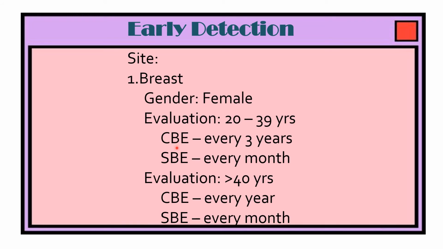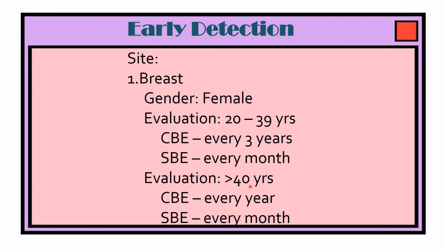So, clinical breast examination is very important to do every 3 years if you are 20 to 30 years old. Ibig sabihin ng clinical breast examination, pwedeng kasama na dito yung pagpa-check up with the doctor, doing ultrasound, yan. And then, self-breast examination, you have to do it every month. Okay. Mas magandang gawin mo to on the first week of your menstruation. Yan.